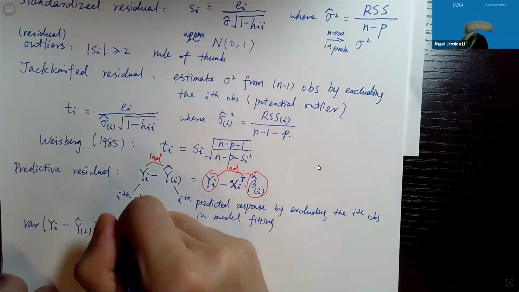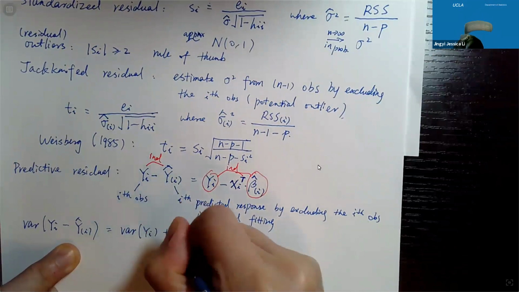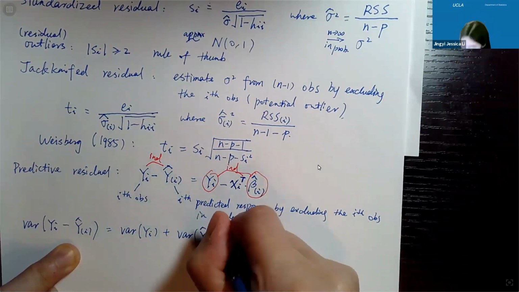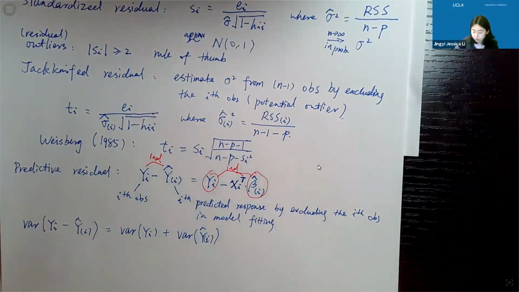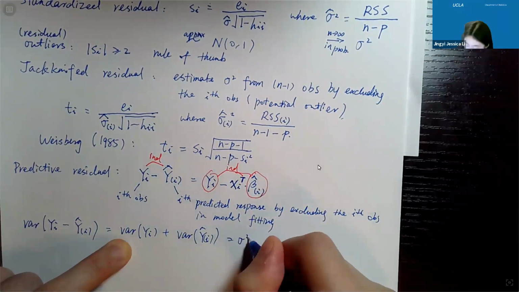So because of independence, we can write it as the variance of y_i plus the variance of this y hat (i). Clearly the first term is sigma squared.